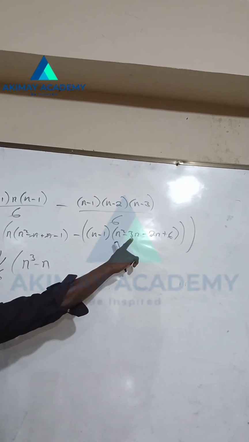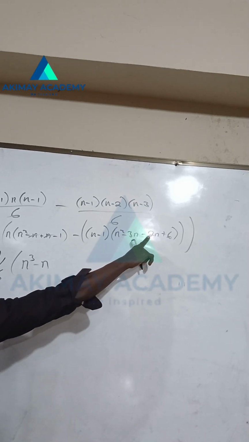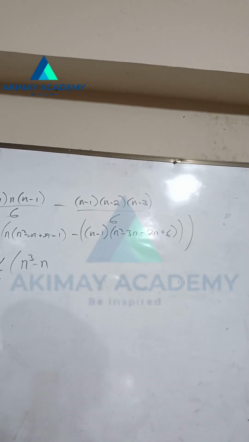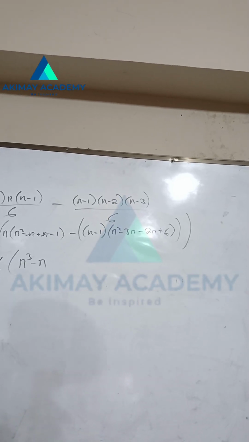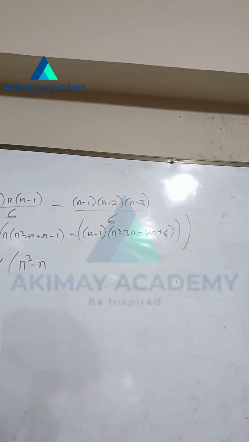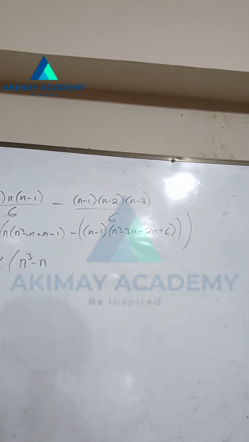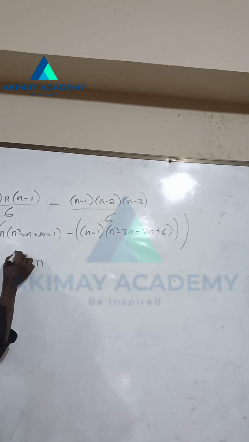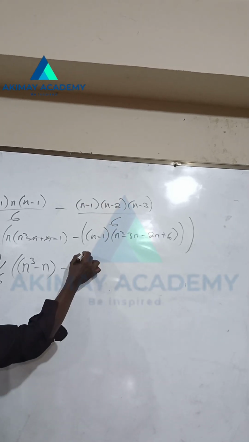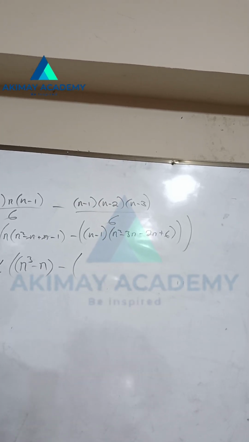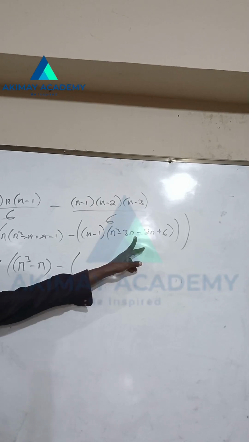At this point, we also have what? Minus 3n and minus 2n. You can put them together. What are we getting? Minus 5n. So minus 5n in the middle.